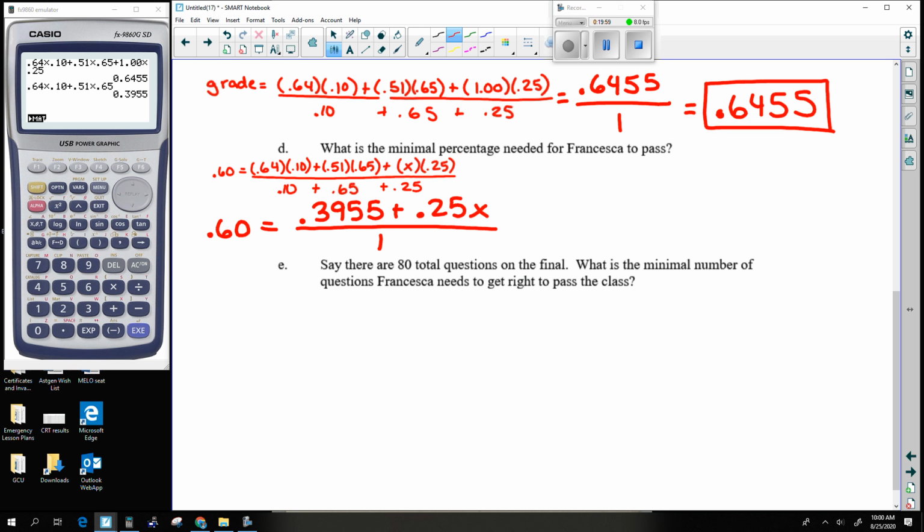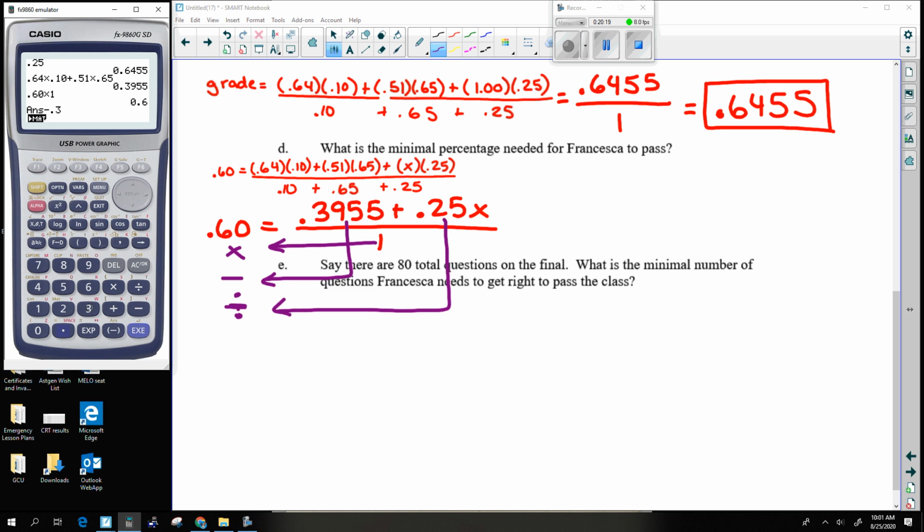And again, what we're going to do is multiply out that bottom number, subtract off the constant, and then divide by the coefficient. So here we go, 0.60. Multiply out the denominator, subtract off the constant, and divide by the coefficient. And that implies that x is equal to 81.80.